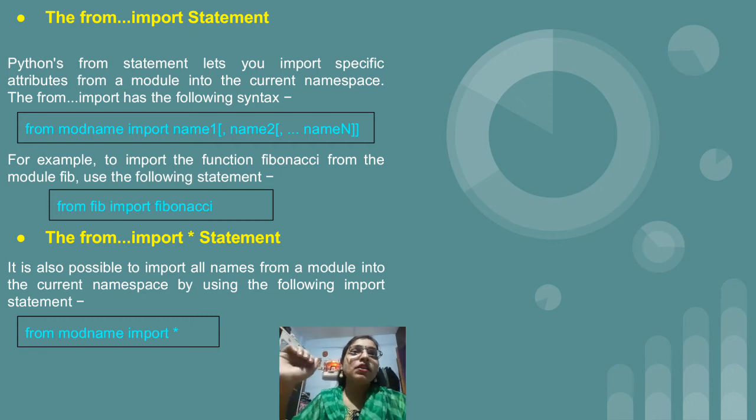For example, now we have one more module in Python which is not actually part of our syllabus, that is the Fib module. And in the Fib module we have one method, Fibonacci, which is used to calculate the Fibonacci series. So now I want to import the Fibonacci method from the Fib module.